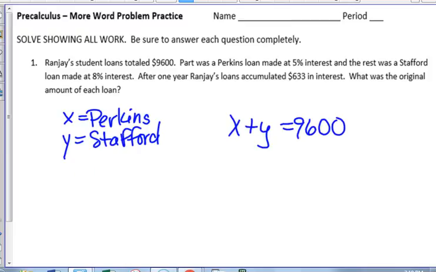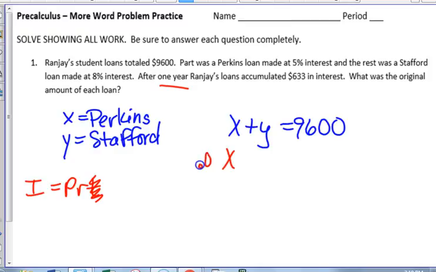Then what we need to know is the interest. We're basically using simple interest, I equals PRT, but he's talking about 1 year. So if we get rid of that variable, the interest is the amount times the rate, okay? So what amount does he have in Perkins is X. What is the rate on a Perkins? 5%.